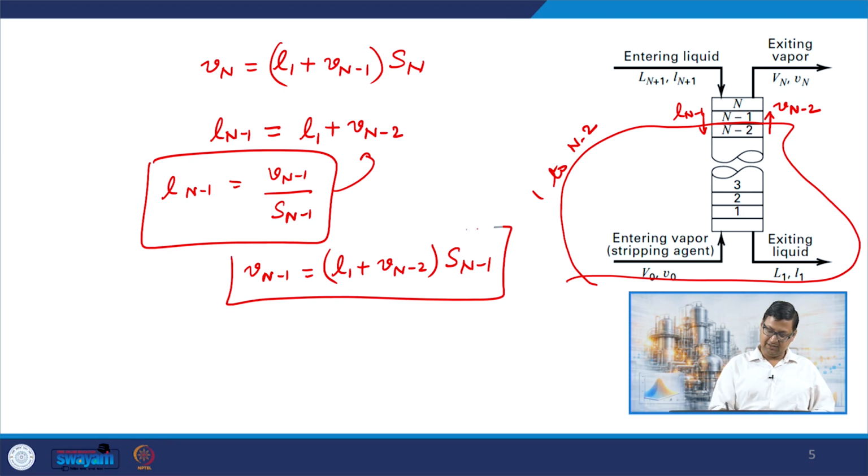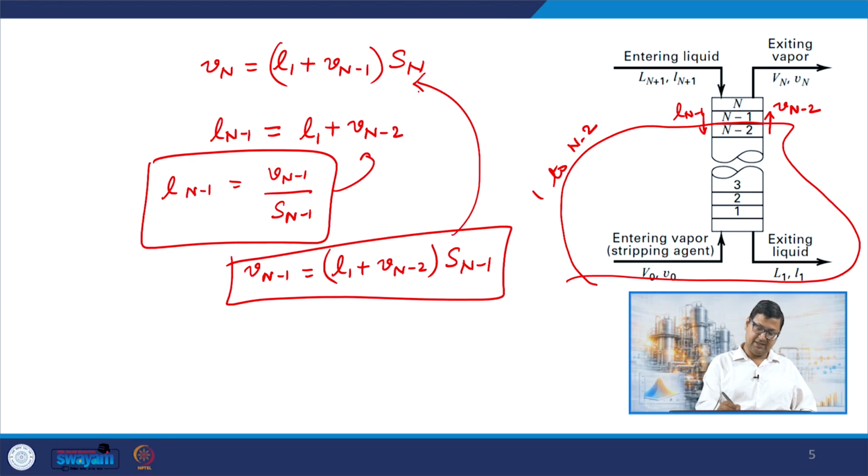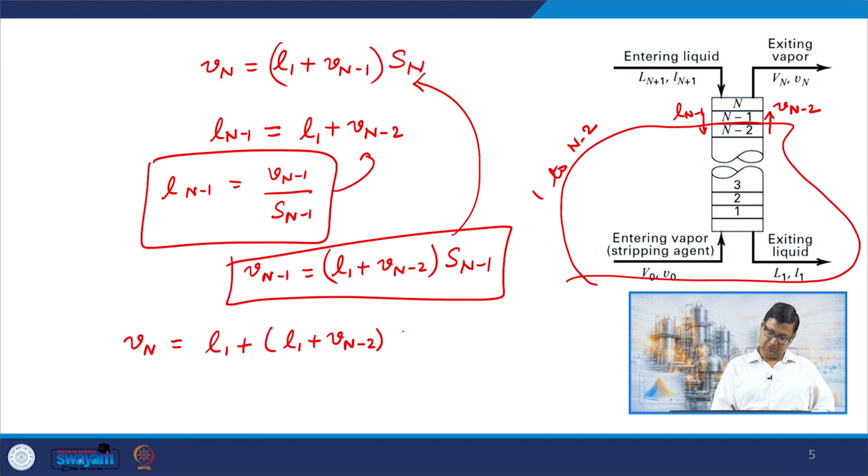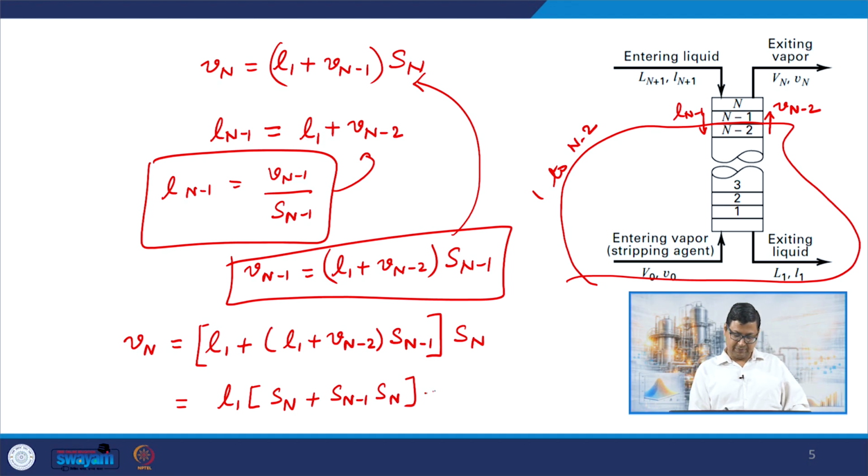And now, if I plug in the expression of V n minus 1 in the above expression, we are going to get Vn is equal to L1 plus V n minus 2 S n minus 1 into Sn, and that is going to give me L1 Sn plus S n minus 1 Sn plus V n minus 2 S n minus 1 Sn.